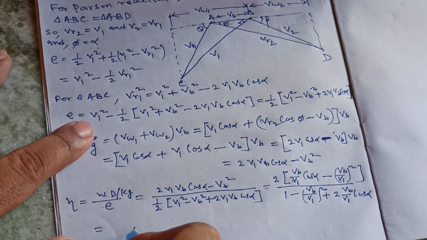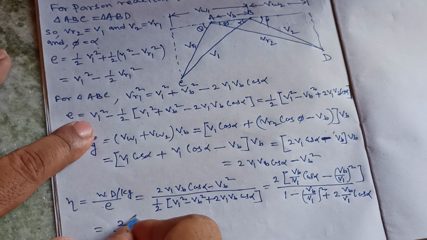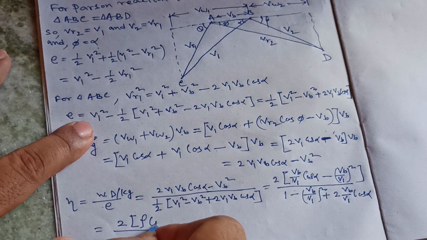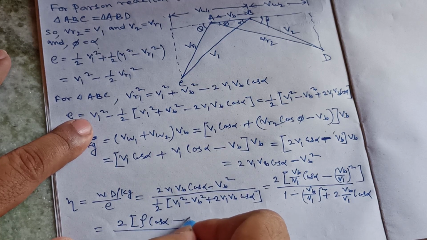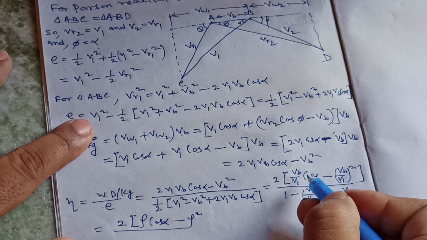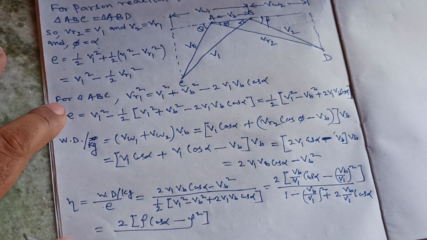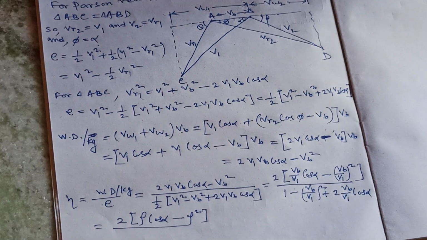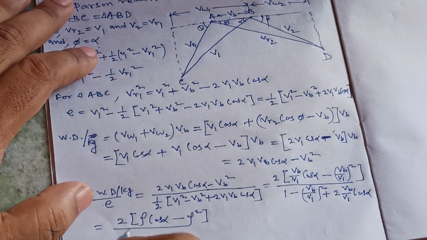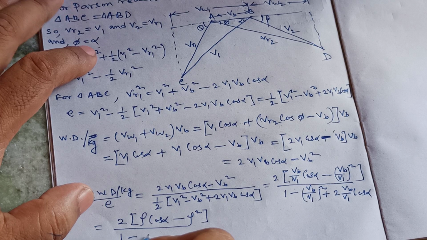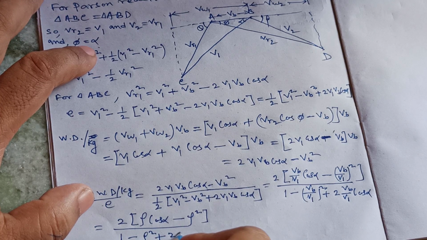This comes to rho cos alpha minus rho square, because VB by V1 is rho, and the denominator is 1 minus rho square plus 2 rho cos alpha.